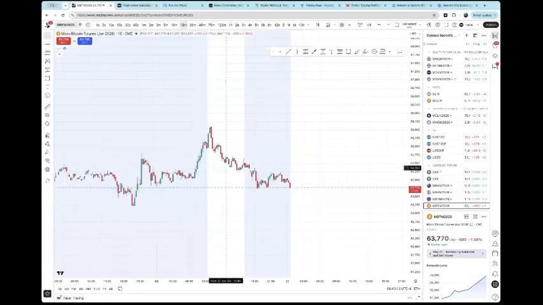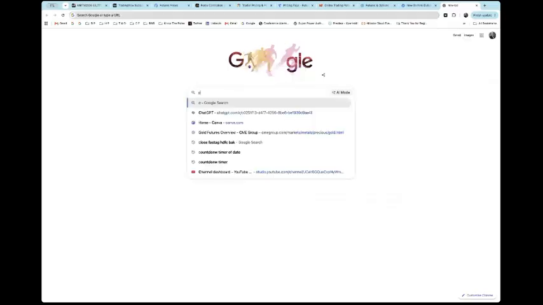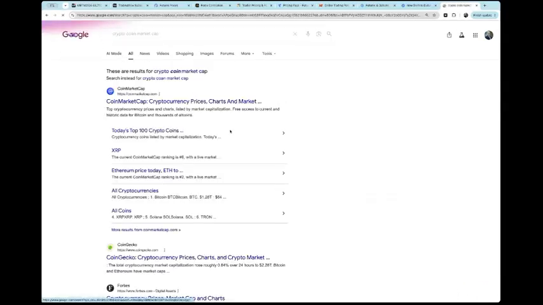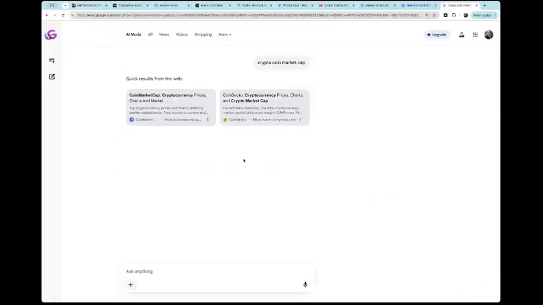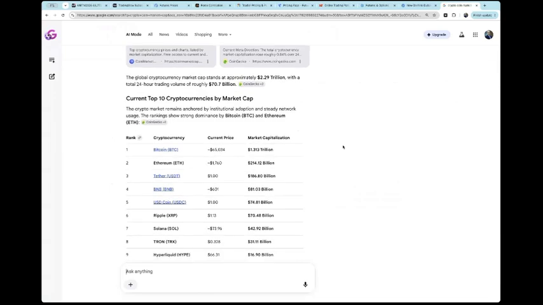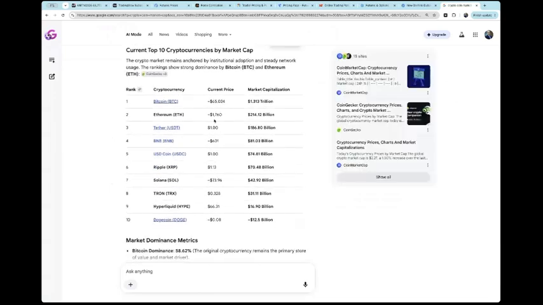If it is a valid instrument, so look at the crypto coin market cap. Just the crypto market cap is 2.29 trillion, and Bitcoin is 1.13 trillion.